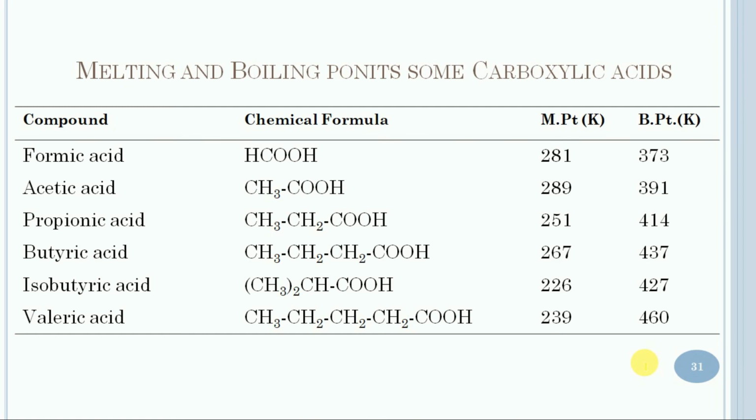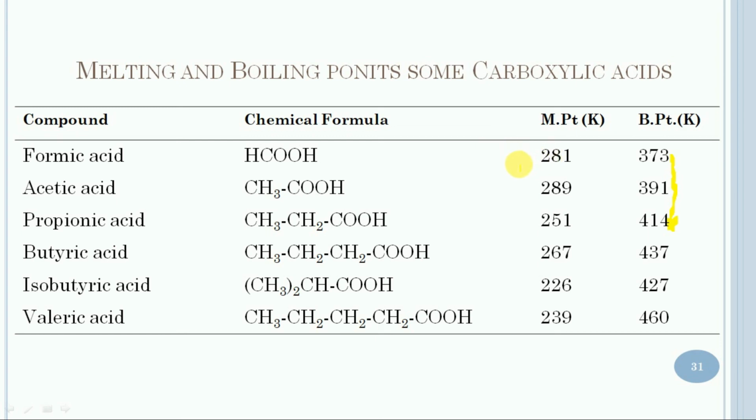So these are the melting and boiling points of some carboxylic acids. It is very much clear in the case of boiling point: the boiling point increases as molecular weight increases.